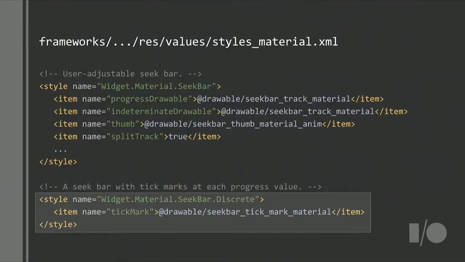And these are just sets of attributes that are going to provide defaults for your views. So for example, the seekbar discrete has implicit inheritance from the material seekbar, and we just redefine tick mark so that we get those drawables at each progress point. So while we're here, anybody who's really dug into the material theme may have noticed something unusual about our widget styles.